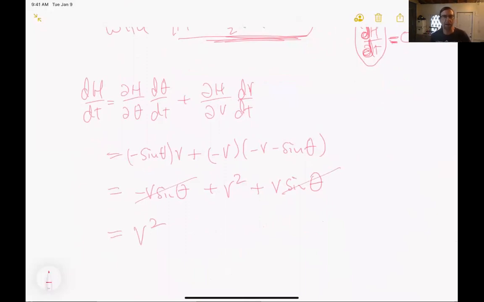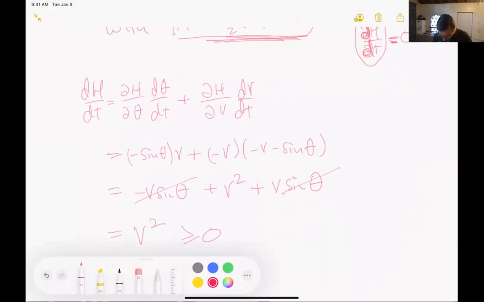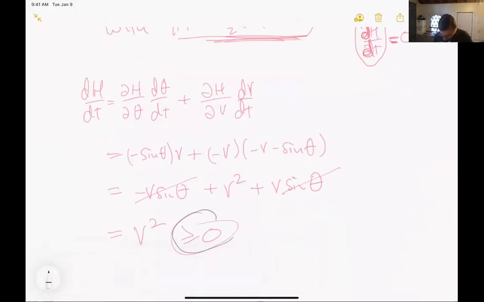V squared is always positive. And that's the key observation here: the derivative of h with respect to time is always positive along solution curves. Now, remember h, if you think about h, it's this three-dimensional function. So I'm walking along solution curves of my system, and the derivative of my height function is always positive.